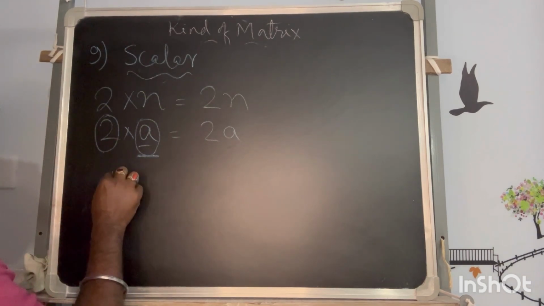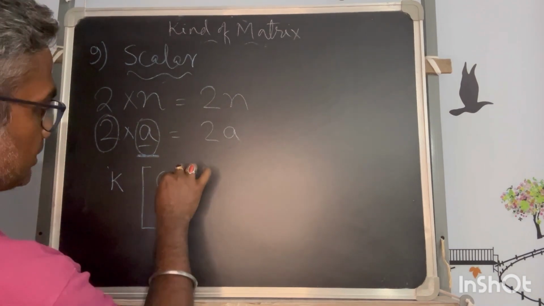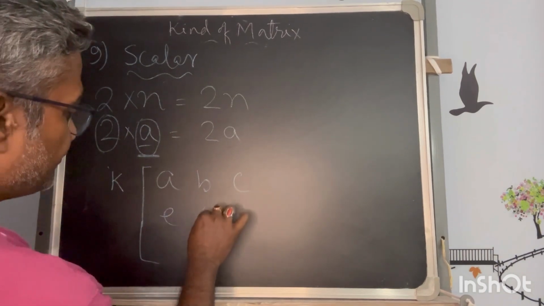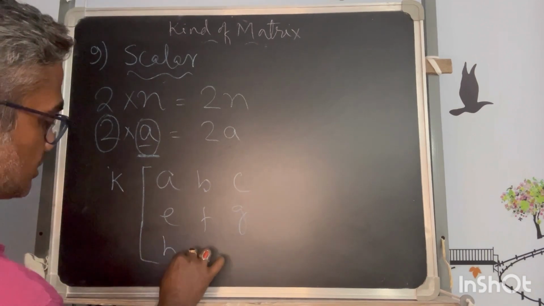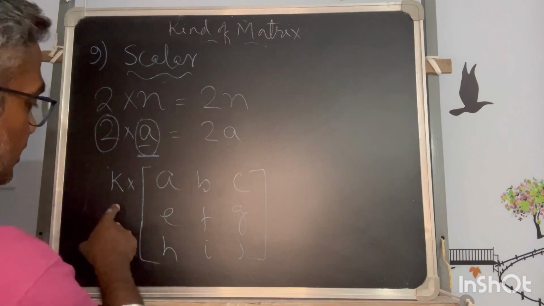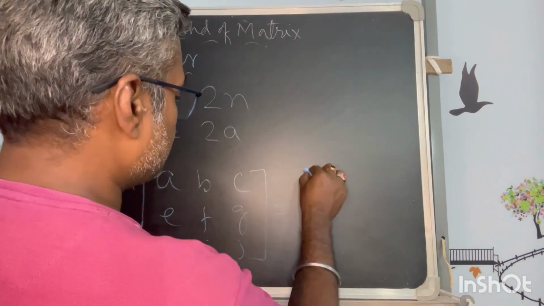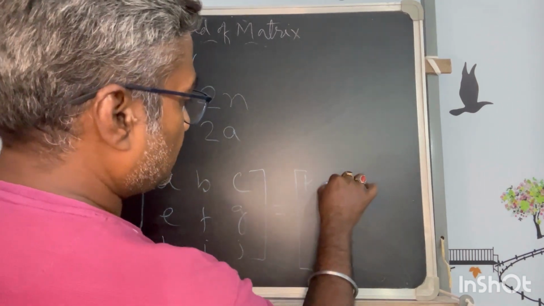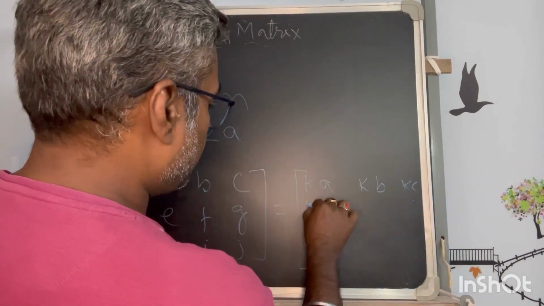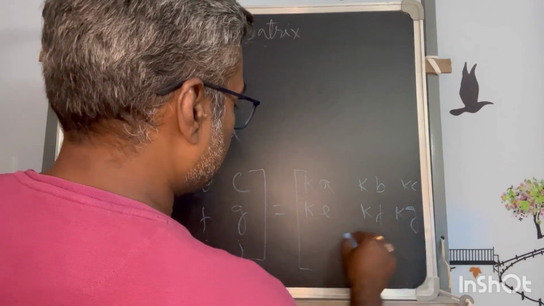Let's say I multiply k, which is any number, with a matrix, for example A, B, C, E, F, G, H, I, J, and if it is just a numerical value, then the effect is this: every element will be multiplied with the same scalar, and this will be equal to this.